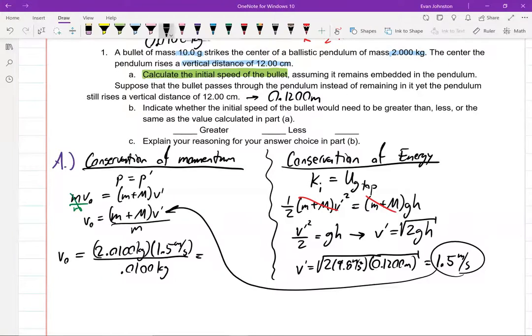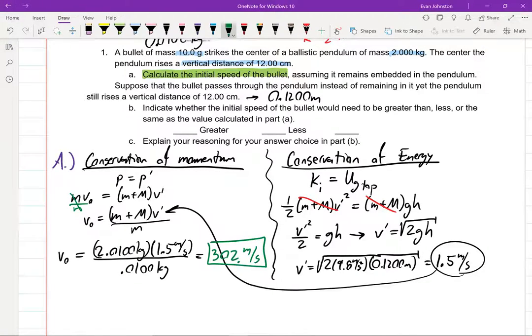And lo and behold, I get that our bullet's initial velocity was 301.5 meters per second. Now, if we were rounding to sig figs, this would be kind of an awkward one. We'd actually have to use scientific notation for it. Maybe we just leave it at 302 meters per second.